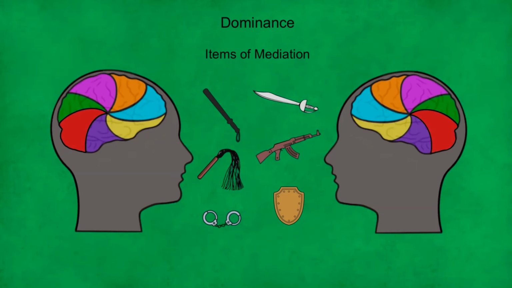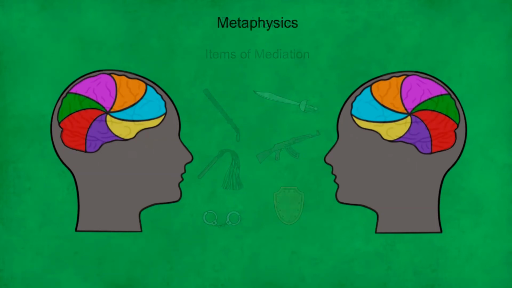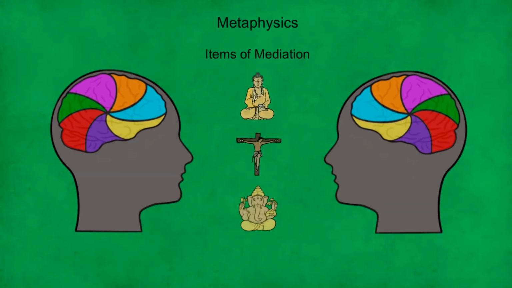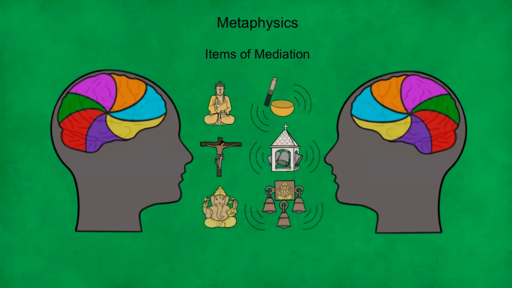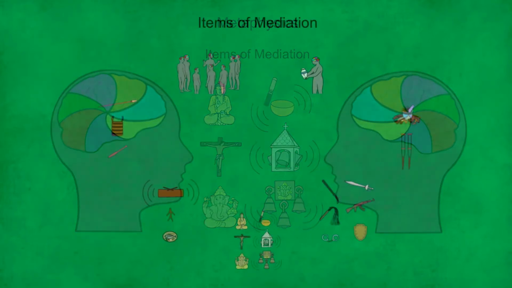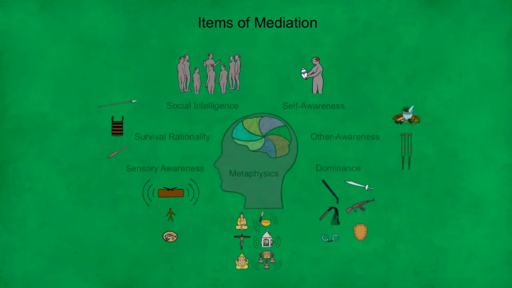And finally, we have the items of mediation associated with triggering the metaphysics area of the human brain, such as objects like spiritual icons and particular sounds made by special instruments, all of which stimulate the biological processes of the human brain associated with metaphysics. And so we see a large, increasing number of items created by humans, which mediate between the key common areas of the human brain.